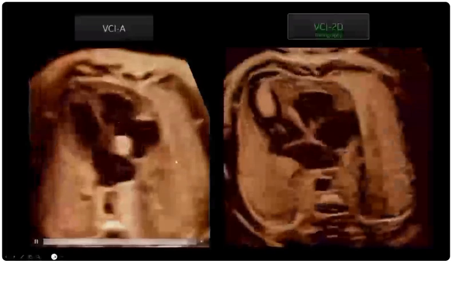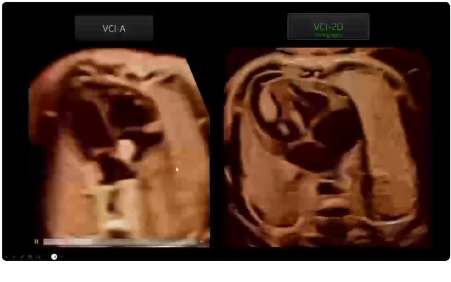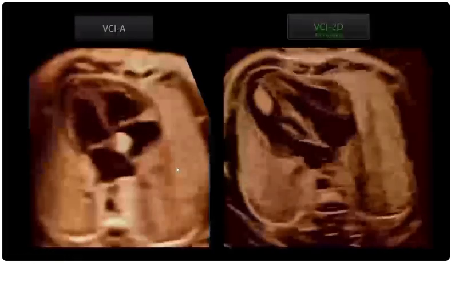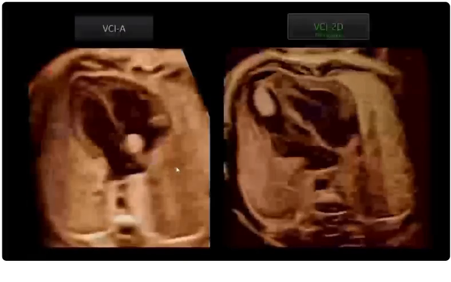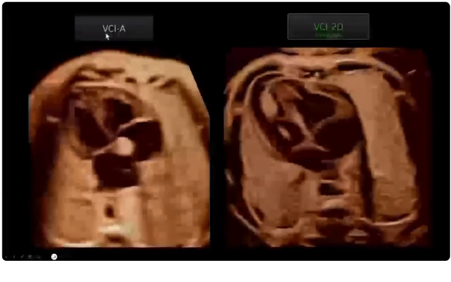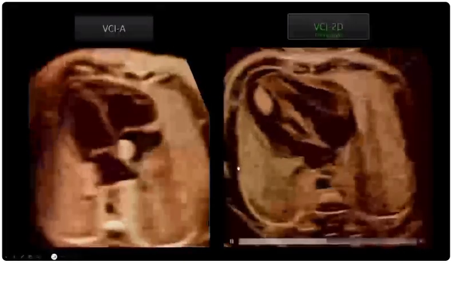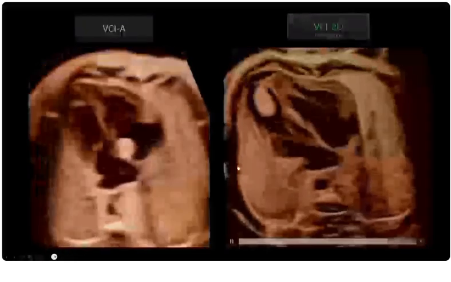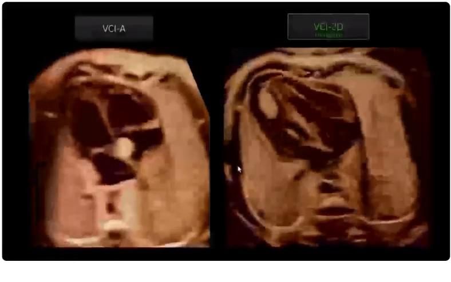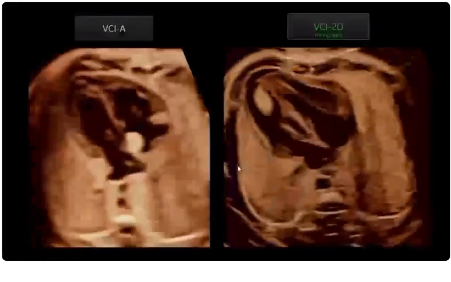One is the technique that was available a long time ago and is a part of the 3D modality. This is VCIA. And also here we can see the similar problem, that both of those fetuses have rhabdomyomas.